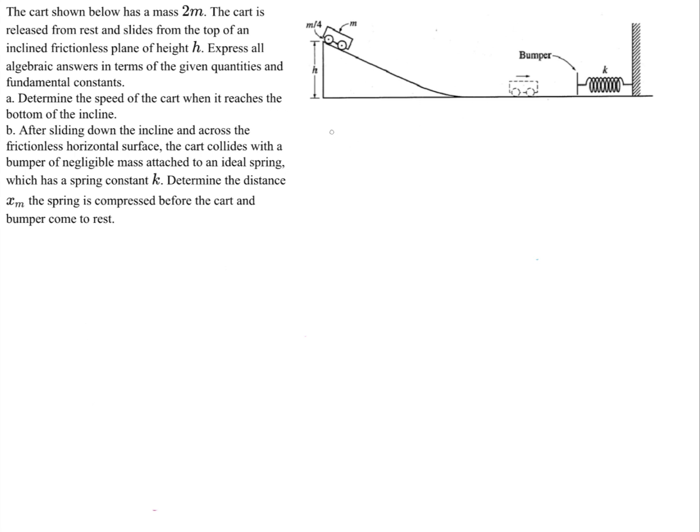So we know from energy conservation that the kinetic energy after something falls a certain distance is going to be equal to its gravitational potential energy at the beginning.